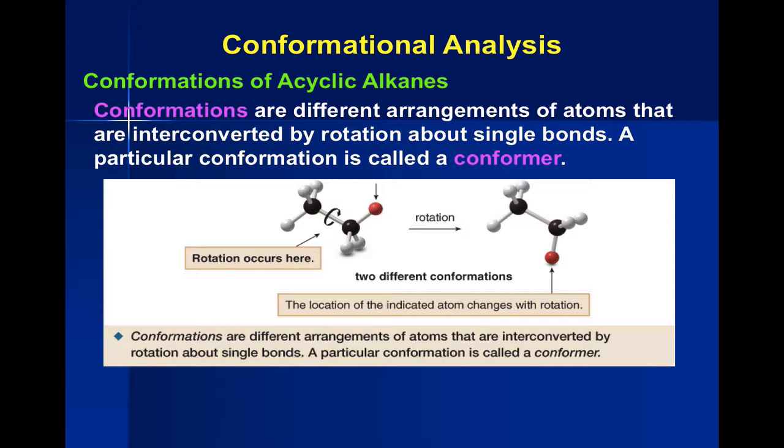Now, if we look at the alkane, what we'll note is that we can rotate around the sigma bond. Will you all agree that the molecule here on the left is different than the molecule on the right? Why is it different? Aren't they all connected the same? I haven't changed the connectivity. Why are they different?